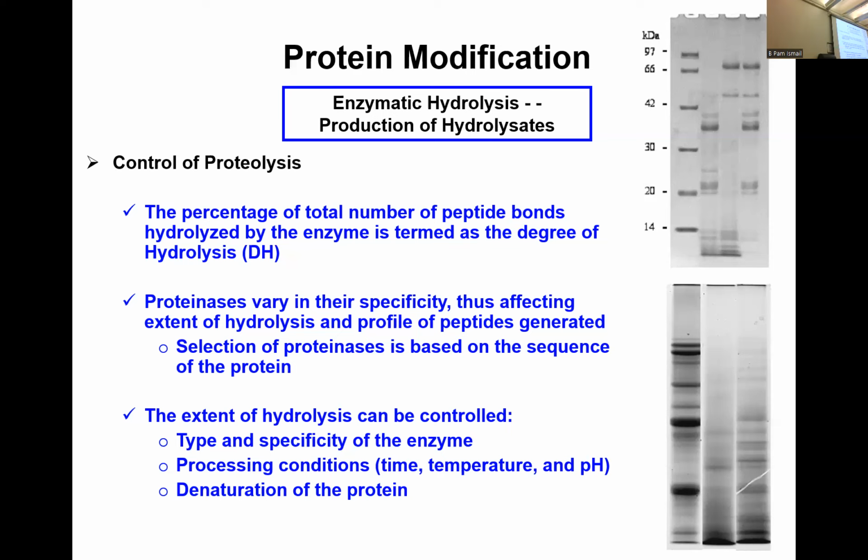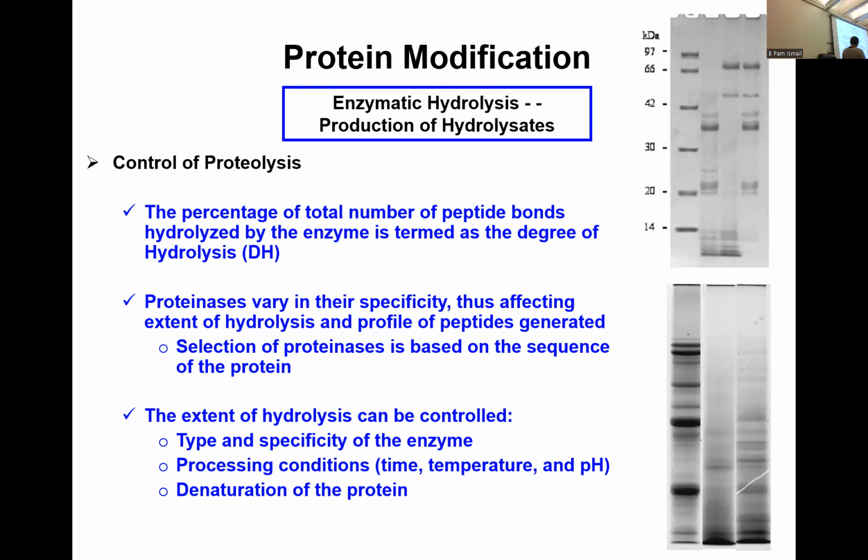So the gist of the story: in order to control hydrolysis and get to a target modification, we need to control what the starting protein is, what the state of the starting protein is, the native or non-native, what enzymes we use, what we know about their specificity, and what degree of hydrolysis we're going to target.